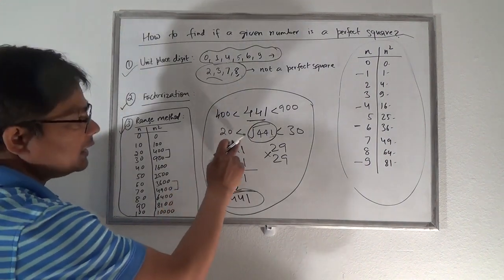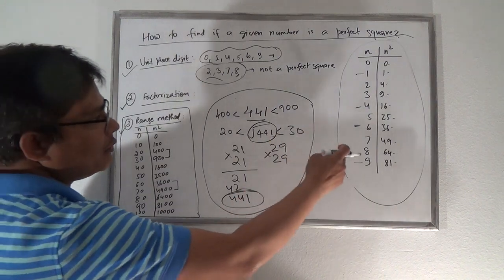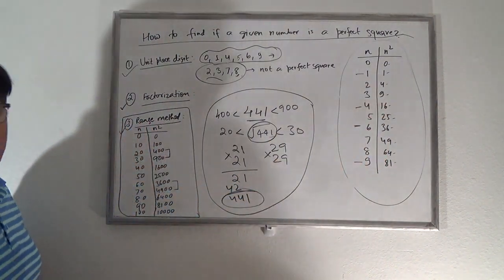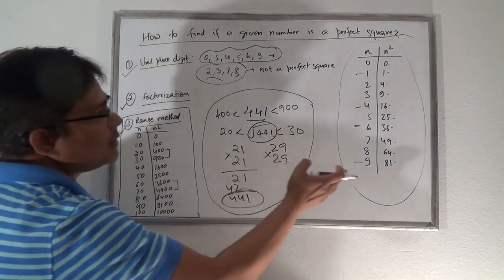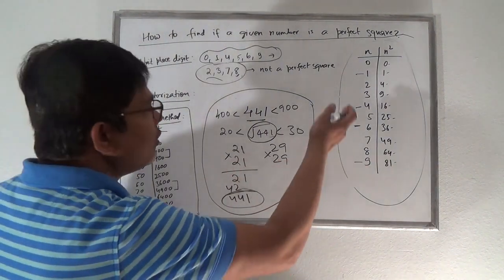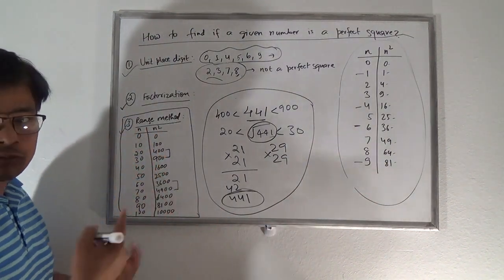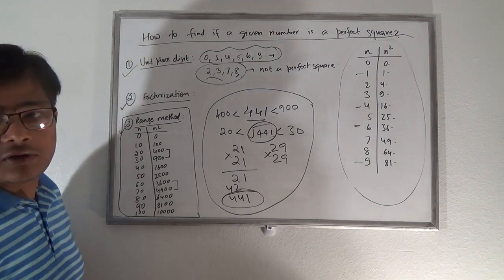And within this range, you don't have to check all the numbers, not all 8 numbers between that range. Sometimes you have to check maybe just 1, or most of the time 2. So you just check 2 numbers and you will come to know whether the given number is a perfect square or not.